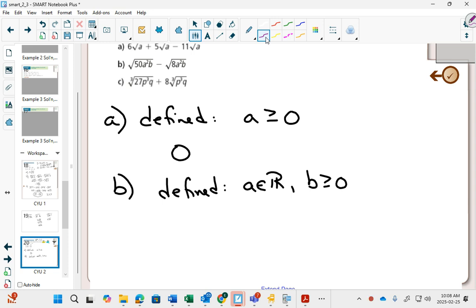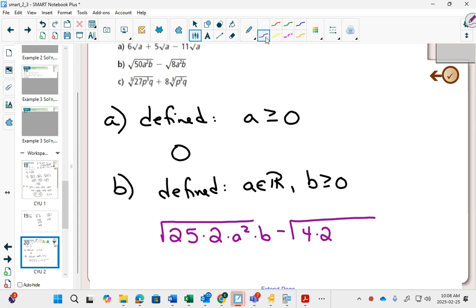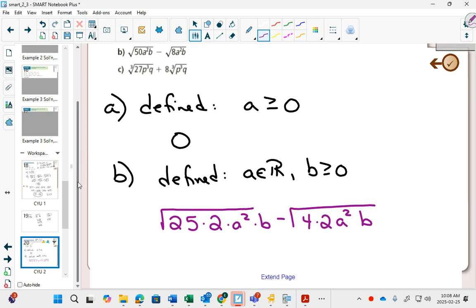But what I'm going to do is break up the 50 to 25 times 2 times A squared times B minus, and I'm going to break up the 8 to 4 times 2 because I'm thinking of my powers chart, and I'm thinking of what is the biggest perfect square that can divide each of these. But some of you can see the 25 times 2 right away. And you can say the square root of 25 is 5. And you can pull that out in front.